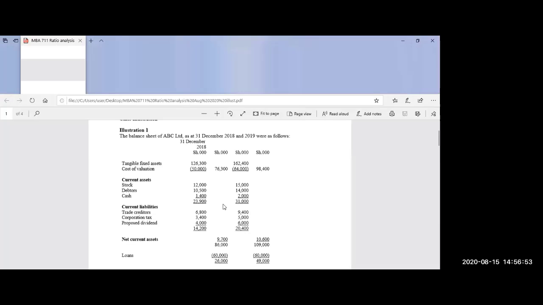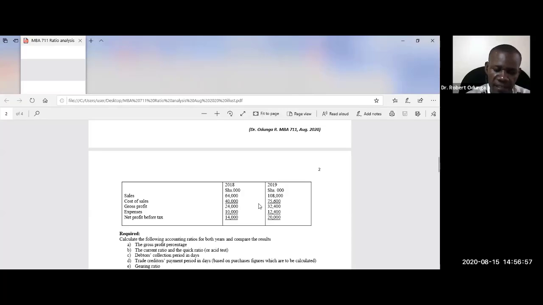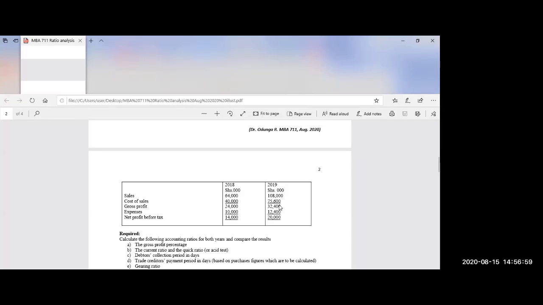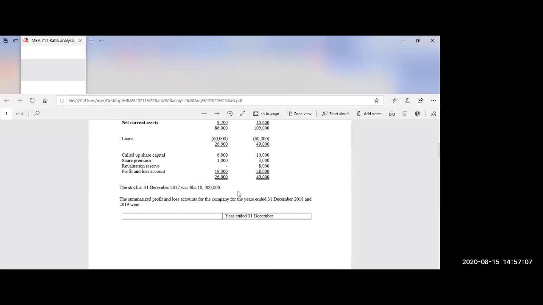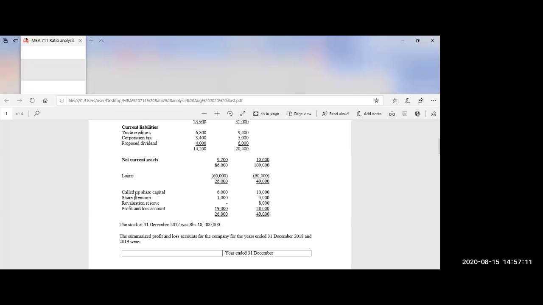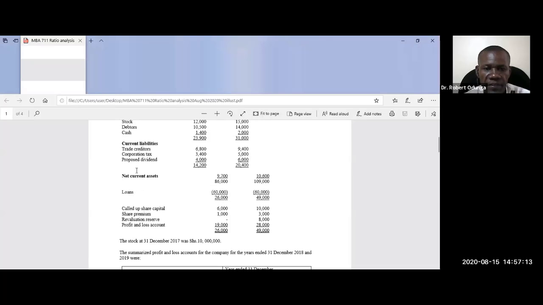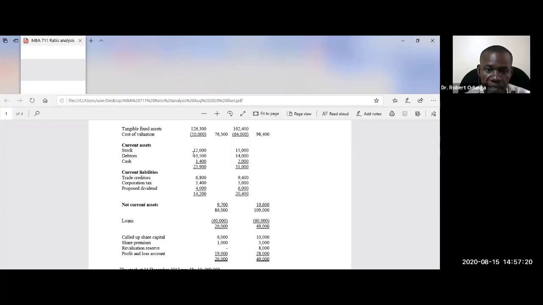So our cost of sales is 75,600, equal to opening stock, 12,000, plus P, minus 15,000.